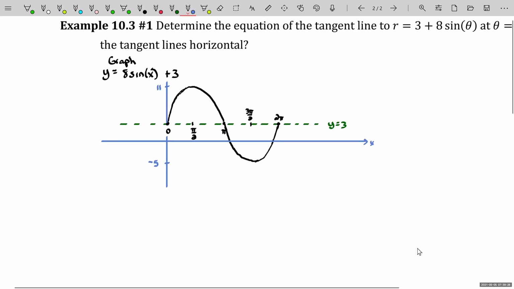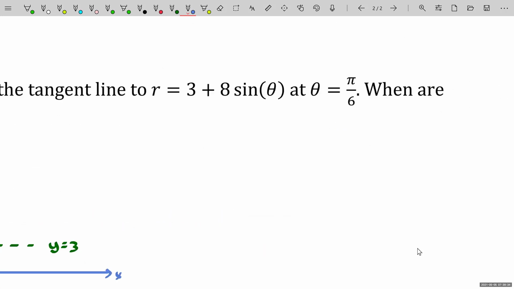You may have never graphed a polar curve this way. And the only polar curves you should be required to know how to graph are curves of the form r is equal to a plus or minus b sine or cosine of theta, or r is equal to a sine or cosine of theta.